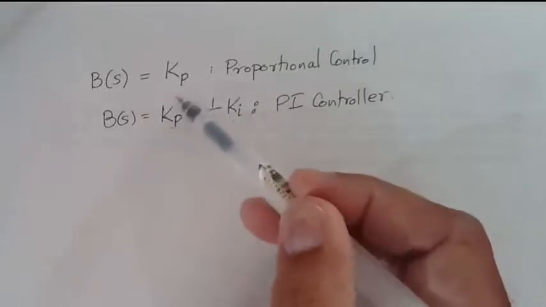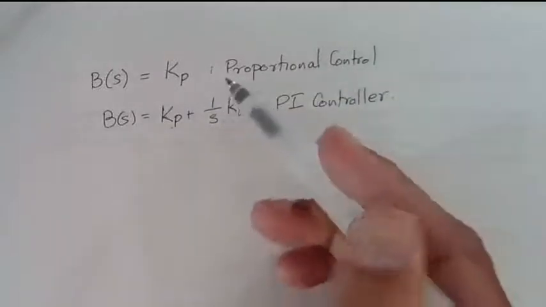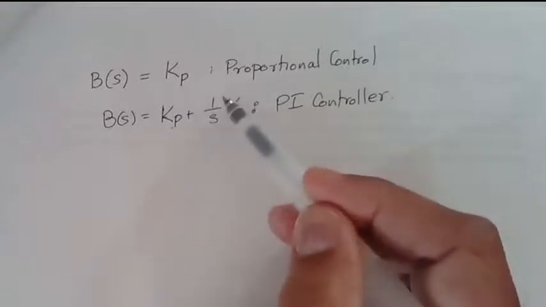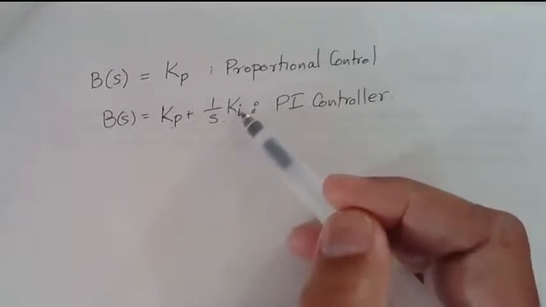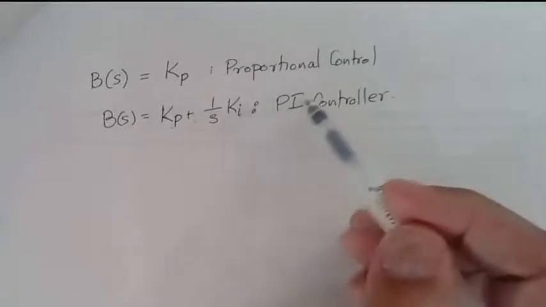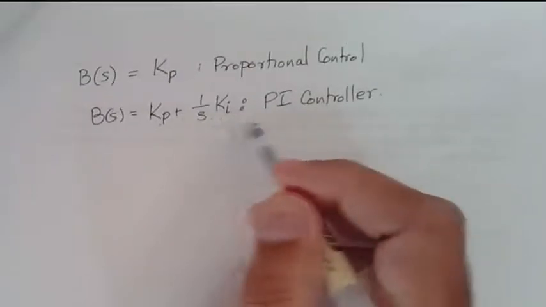If the error is large, then Kp times the error is large and you get something. Or if the error is small over a period of time, this term here will generate a large signal which will then result in further reduction of the error.